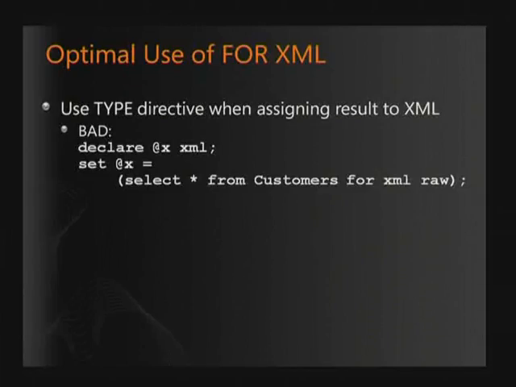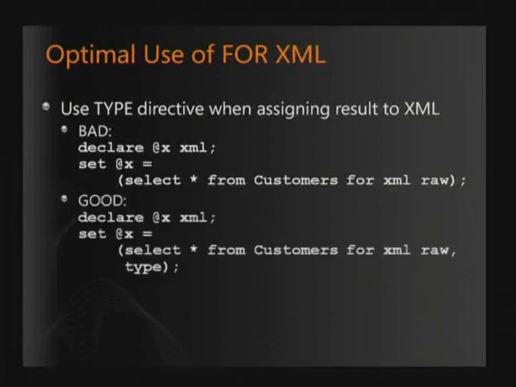Why is that a bad idea? Well, the FOR XML result without the type directive gives us back a string result. When I assign that string result to my XML variable, it does a parsing of that string result and creates the XML data type. If I use the type directive, it takes the XML and creates the XML right there. You don't have to do anything anymore. So there's a certain performance improvement on that.